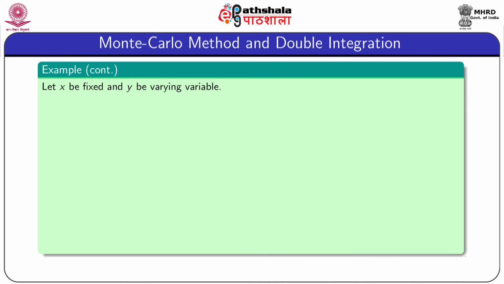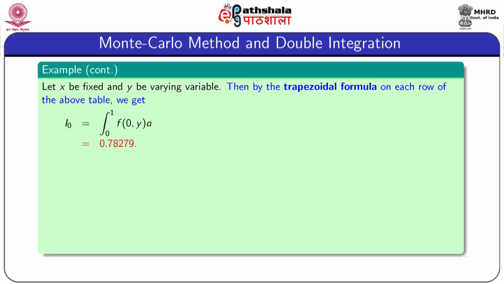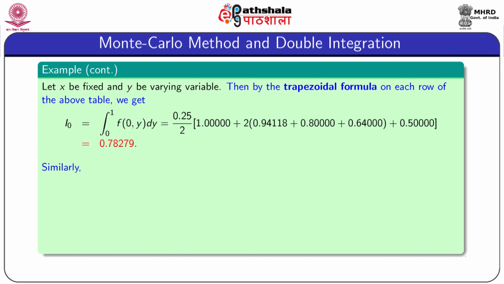Let x be fixed and y be the variable, then by the trapezoidal formula on a row of the above table we get I0 equal to integration 0 to 1 f of 0 comma y dy. In this case x is taken as 0 and y is the variable quantity, and using this formula we obtain the value of I0 equal to 0.78279.